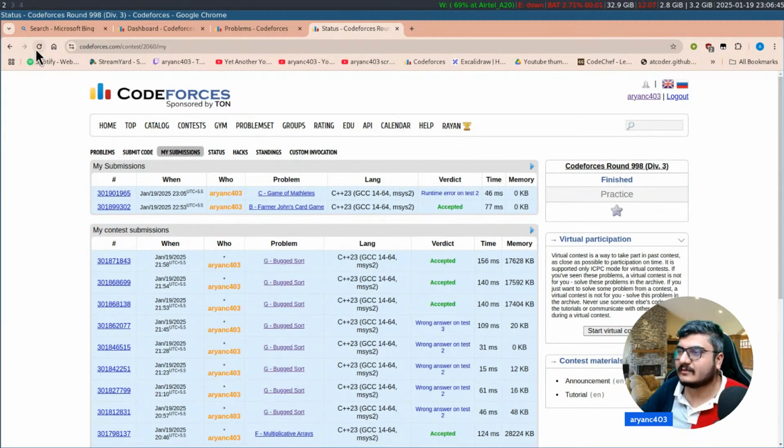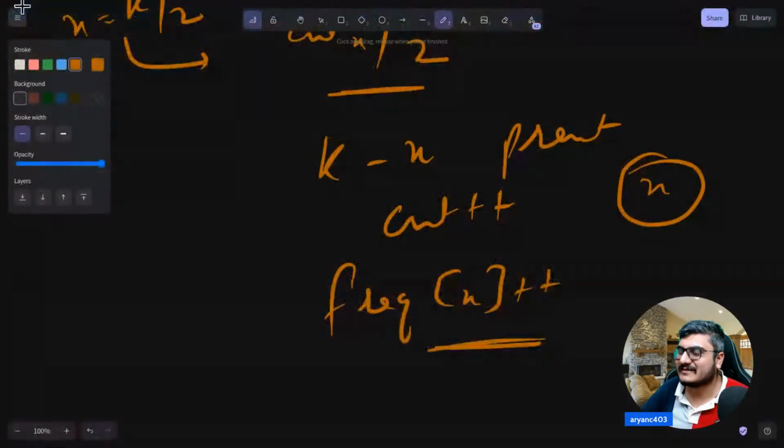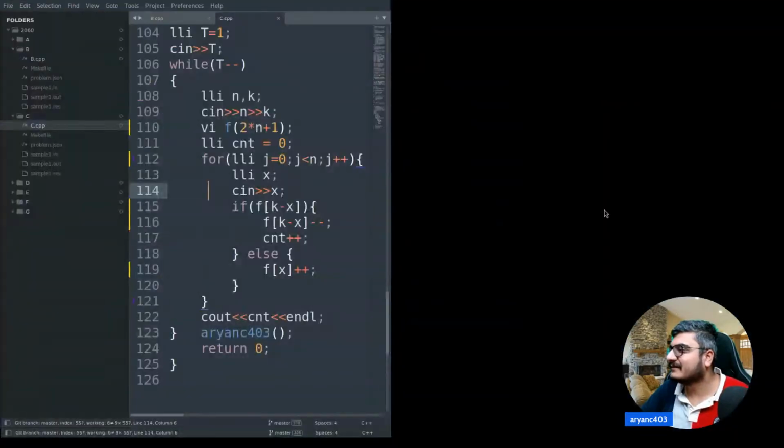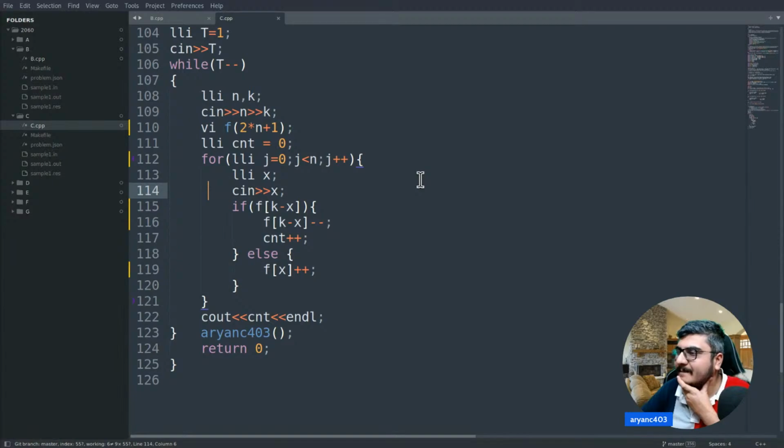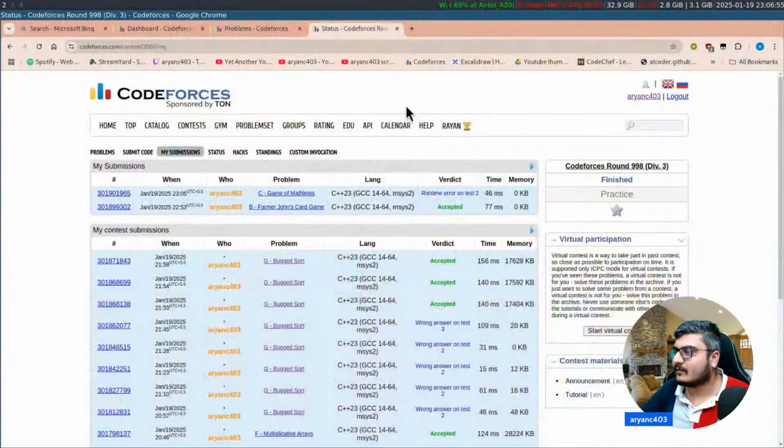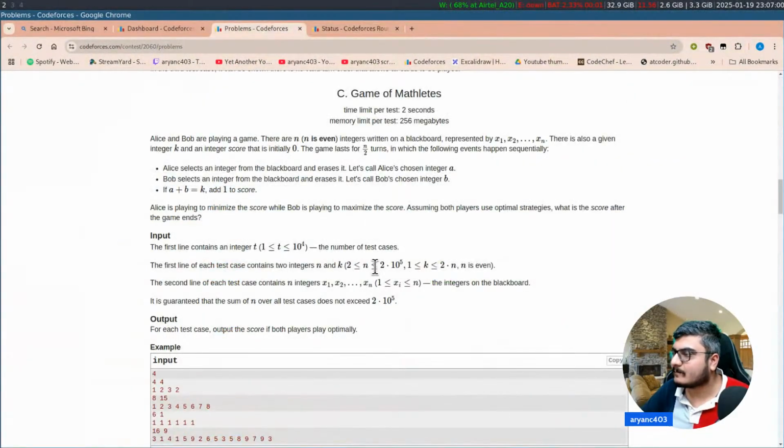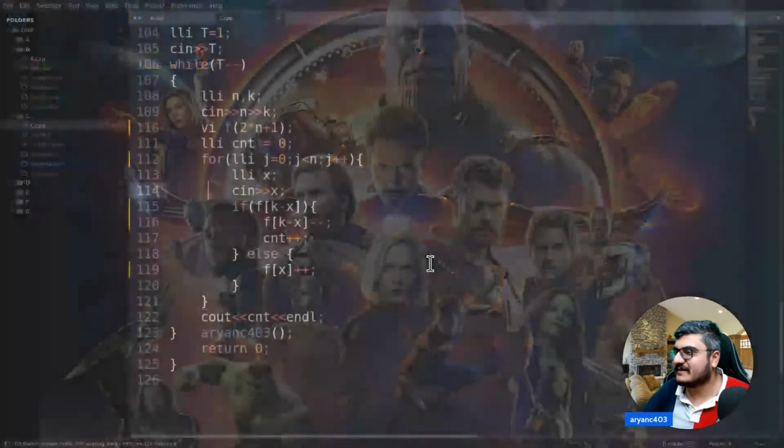Wait, runtime error on test 2. One second, what mistake did I end up making? All the numbers are between 1 and n. Oh wait, this can be negative as well.